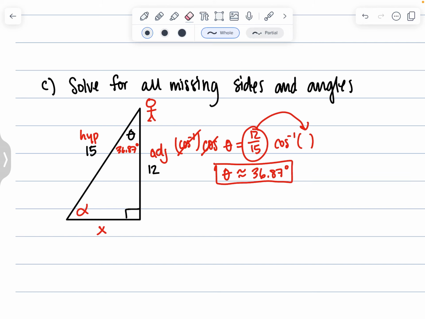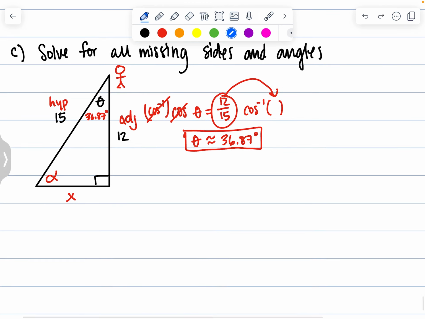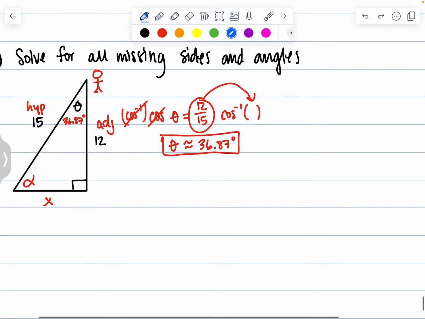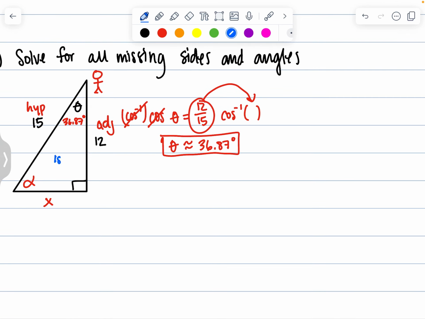Now, let's say we want to solve for alpha. Okay? Alpha, if you actually notice, we have 2 out of the 3 angles in the triangle. So we could actually do this without doing inverse trig. Because if you know, there are 180 degrees in a triangle. And we already have 2 of them. So 180 minus 90 minus 36.87.